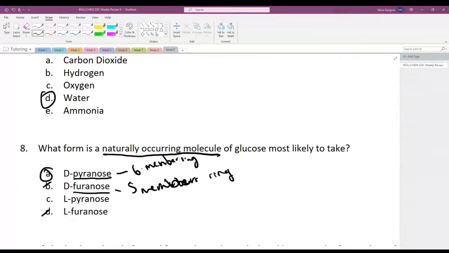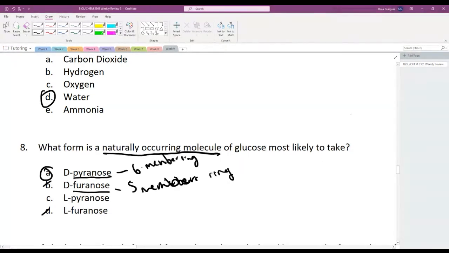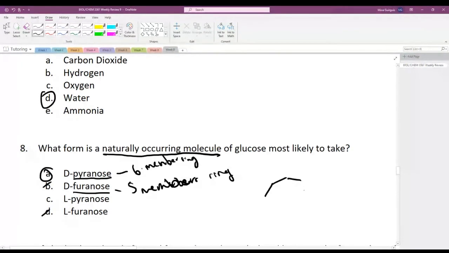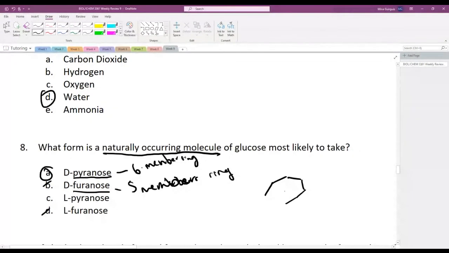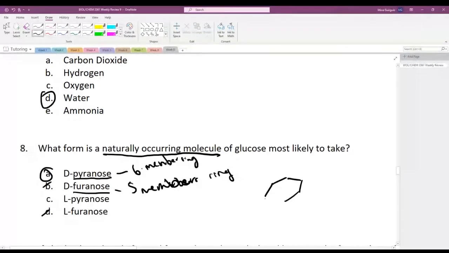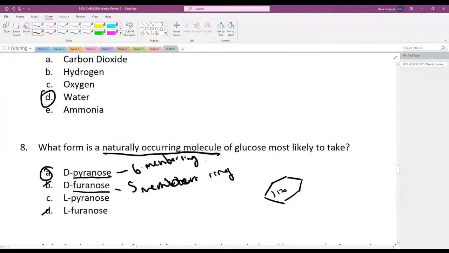So is pyranose more stable than furanose? Mostly because of the ring tension, yes. So remembering from, again, back to OChem, with hybridization, that is a terrible 6-member ring, I apologize. Let me redraw that. These bonds are about 120.